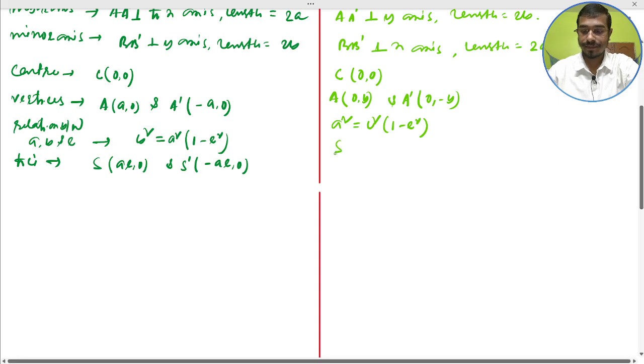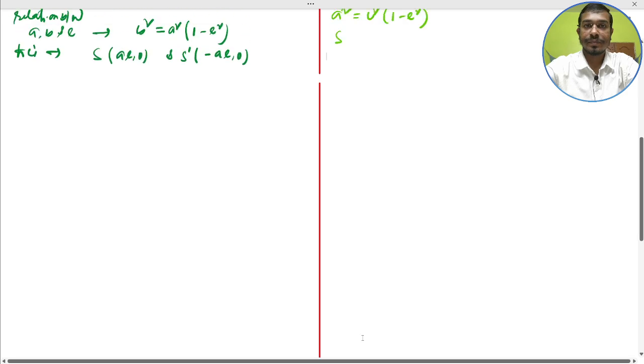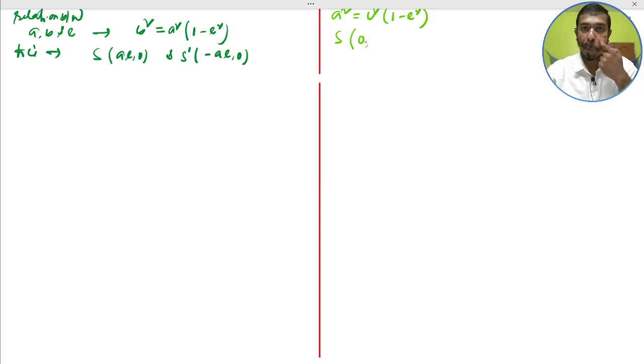One is S, that is (0, be), and the other S', (0, minus be). Next, the directrix.